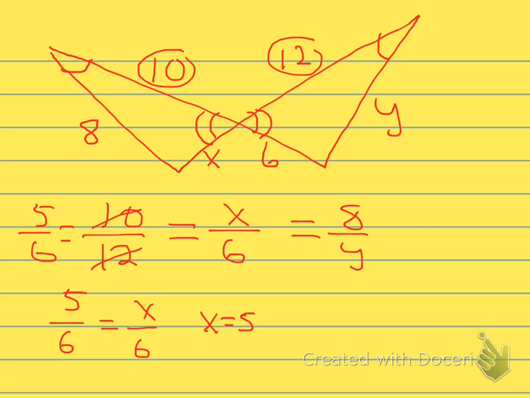On our next one, we've got 5 over 6 equals 8 over y. When I cross multiply here, I will have that 5y equals 48. So if we divide then, y will be 48 over 5.